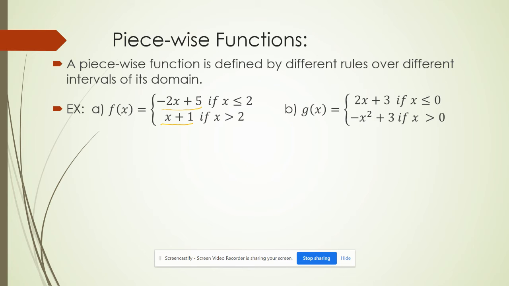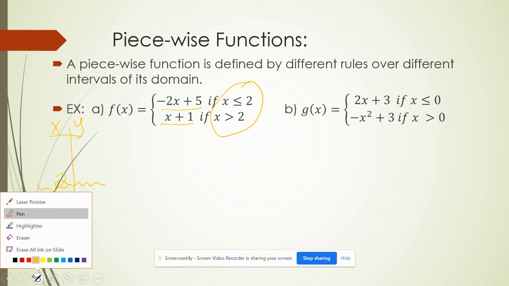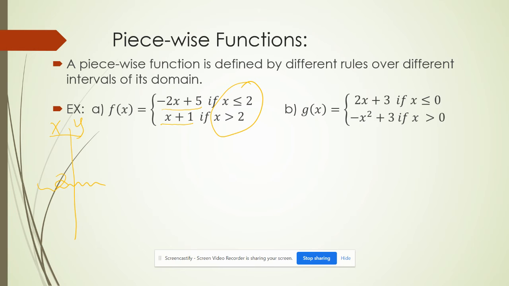Basically, what we want to do is take the value that's splitting our rules up and make that the middle of our XY table. And I'm going to put a little squiggly underneath it to show that when we get higher than 2, it changes to this new part.